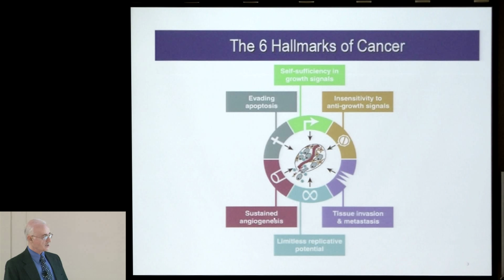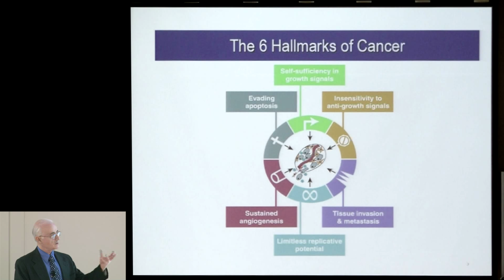Sustained angiogenesis. Angiogenesis means formation of blood vessels. When blood vessels are formed, the cancer cell can be fed very easily. Food and everything necessary for the cancer cell will be provided by these capillaries, and there are a lot of capillaries in the cancer.